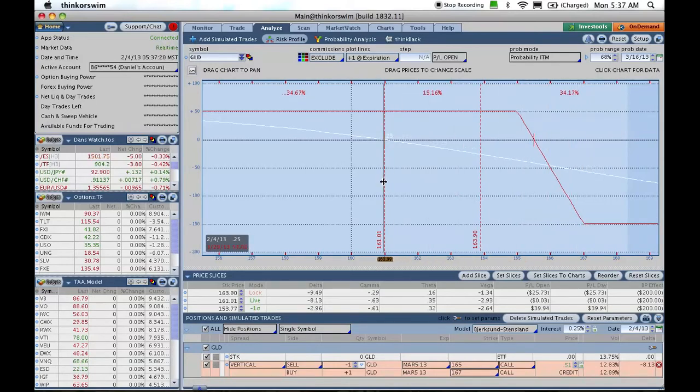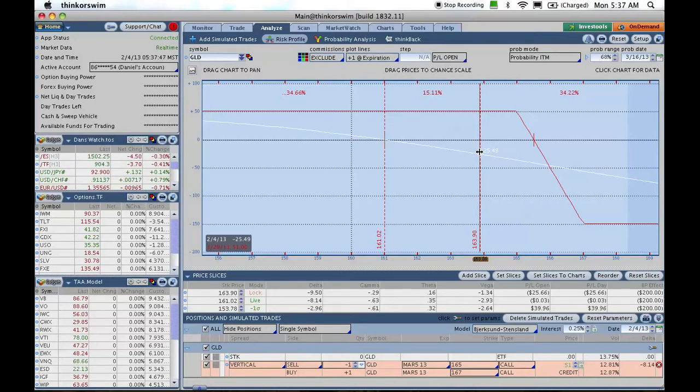Price right now is trading around 161 and a penny, I guess. And that stop level that we talked about, the 163.90, is right here. So what I look at is I say, okay, the stop level's at 163.90. What is the loss that I'm going to incur today on this trade if price all of a sudden just pops to that level?